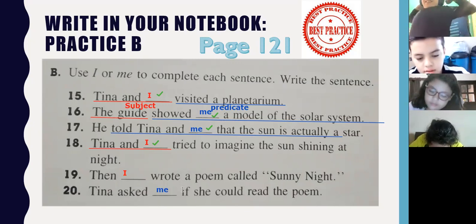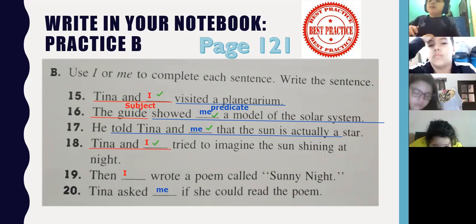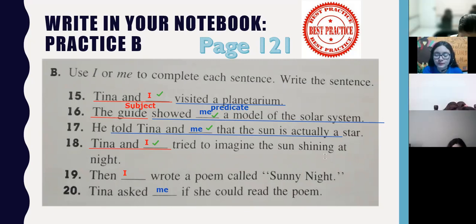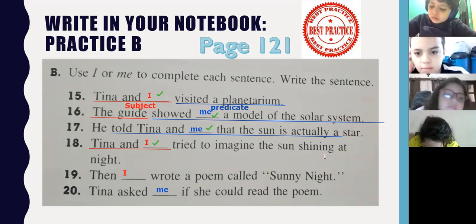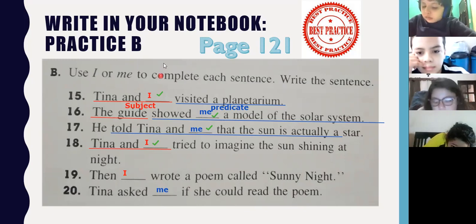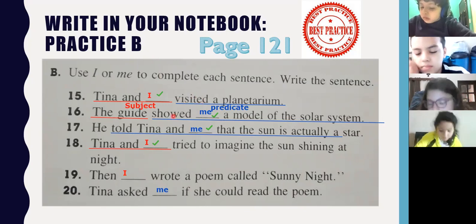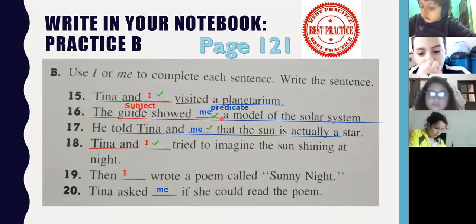Excellent. Questions about this topic, class, about when we use I, when we have to write me in the sentence, when we use these pronouns? I when it's at the beginning and me when it's in the middle. Okay, yes, we can say in the middle or the end, but we need to check something. The importance is to check if we have the verb. Look here, visited, show, they are verbs. After the verb is the me.